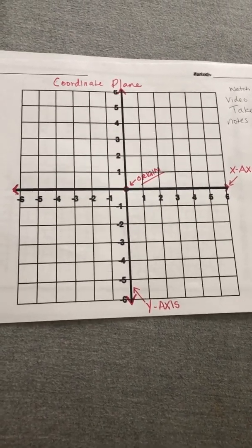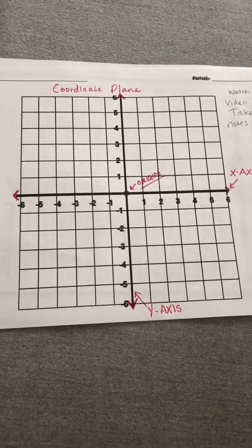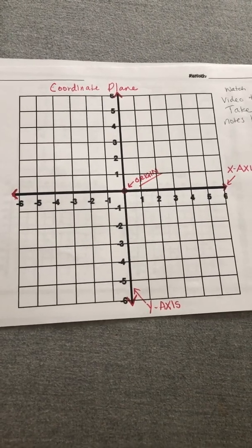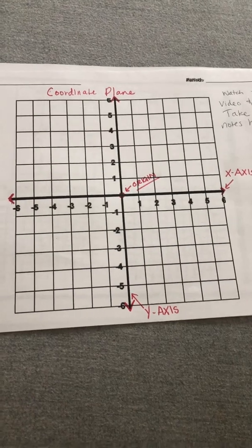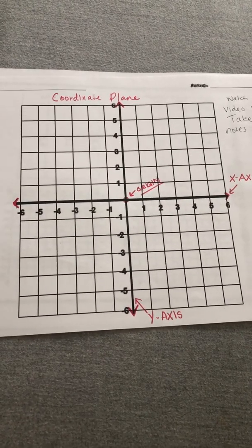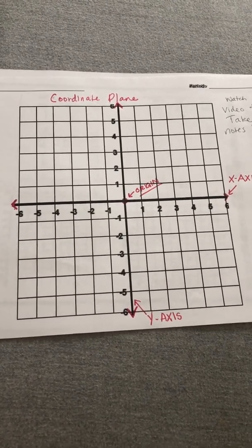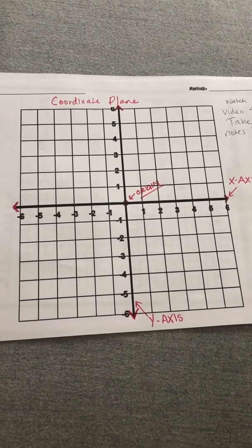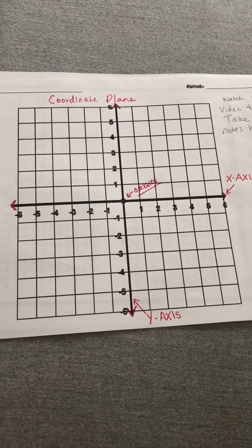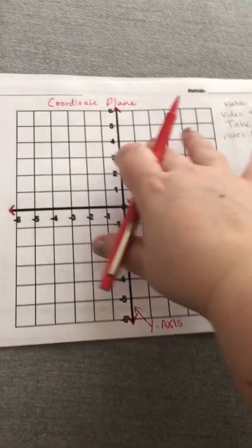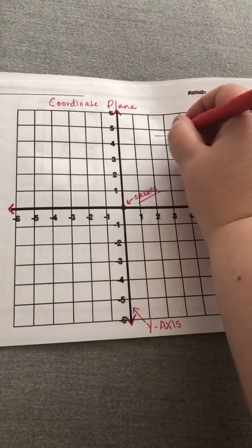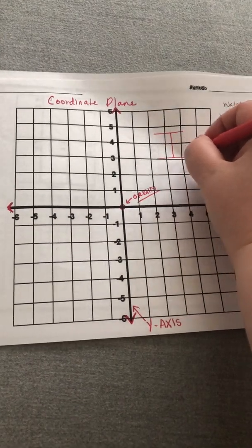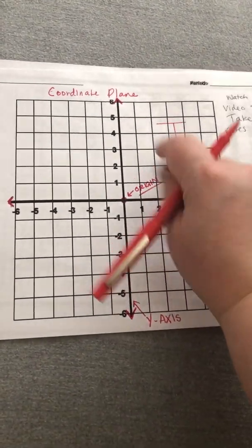Now, when you get to 6th grade, you are going to have to know all the different parts of this whole grid. You're going to have to be able to identify any point and draw pictures using the whole coordinate plane. There are actually 4 different parts called quadrants. The first quadrant starts here, and we use Roman numerals to label them. This is quadrant 1.